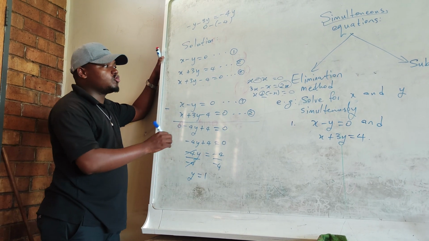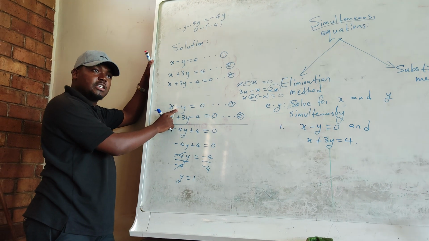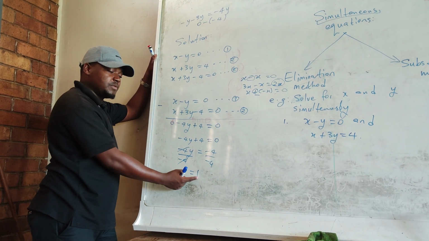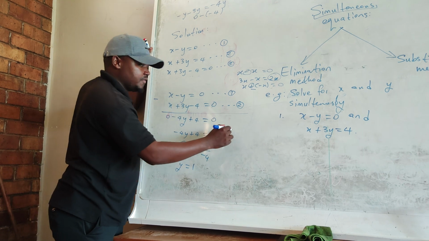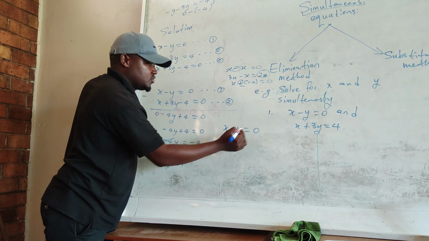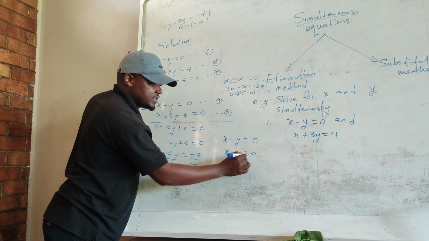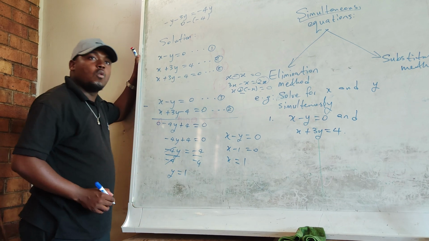I'm not done. They said solve for x and y. I just found y, so I go back to one of the two equations and substitute 1 into it. For example, equation 1 says x minus y equals 0. My y is found as 1, so x minus 1 equals 0. Therefore, x equals 1.